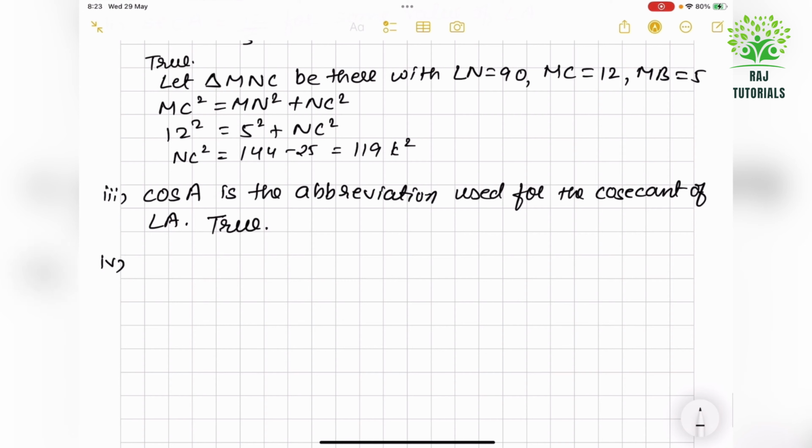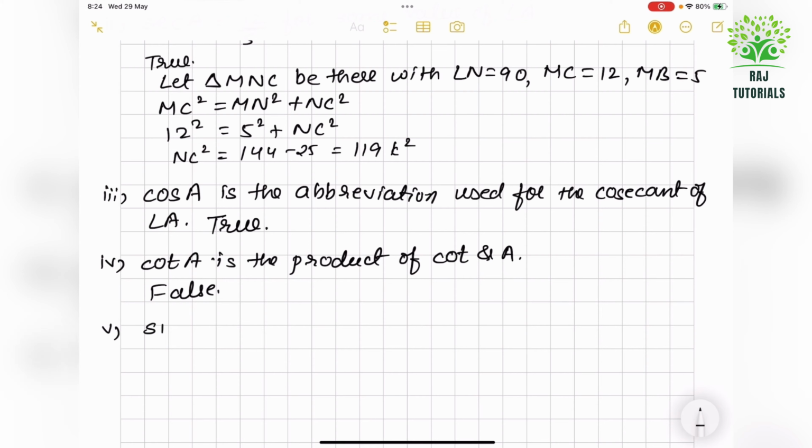Then fourth, it says cot A is the product of cot and A. This is false, as cot A is not the product of cot and A, but it is cot of angle A.